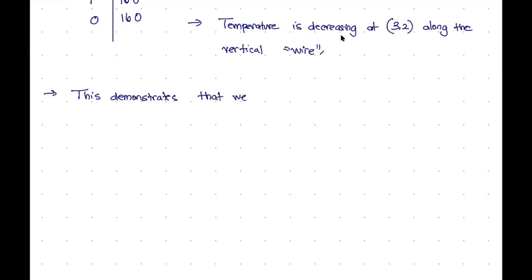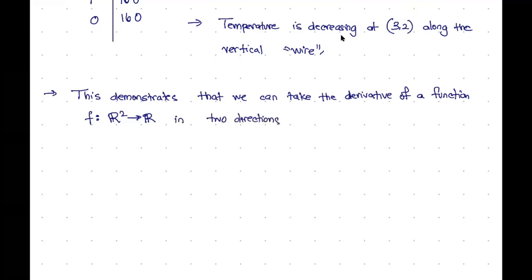This demonstrates that we can take the derivative of a function f, and right now we're specifically looking at when we have R2 to R. The same principle, of course, will hold in 3 dimensions and in more than 3 dimensions as well. And we can take this derivative in 2 directions.